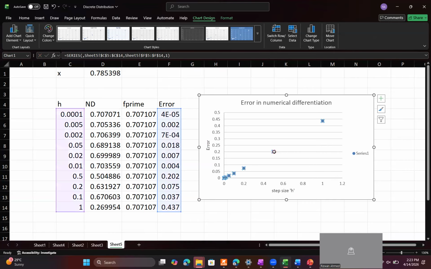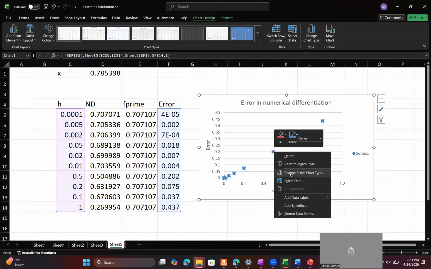Now, how do we explore the relationship between error and step size? So Microsoft Excel comes up with the regression analysis. It is available over here, trend line.